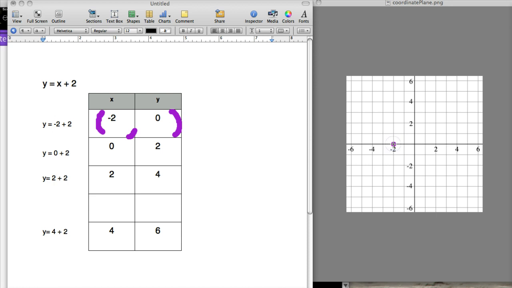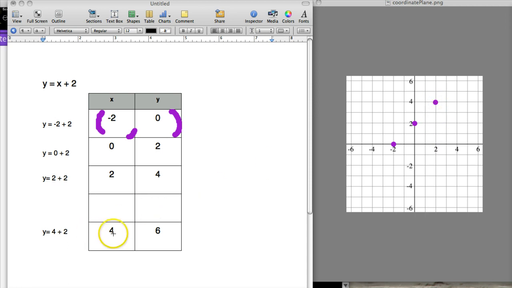So that means our point is there. When x is 0, right at the origin, and y is 2, 1, 2 in the positive direction, we plot that point. When x is 2, 1, 2, y is 4, 1, 2, 3, 4. There's our next point.